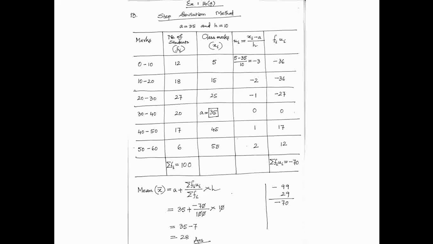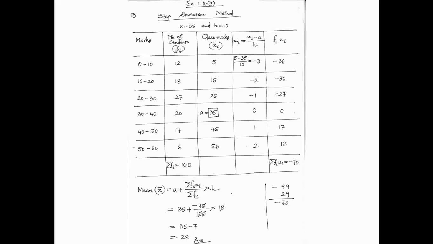And all the positive values I am adding separately. So 0 plus 17 plus 12, you get 29. So minus 99 plus 29, you will get minus 70. So this is the value of sigma fi ui. Then you calculate sigma fi, all the frequencies you add. So you will get 100.